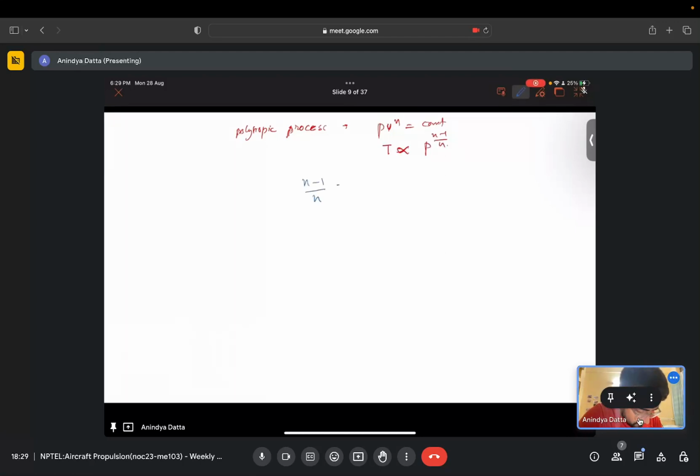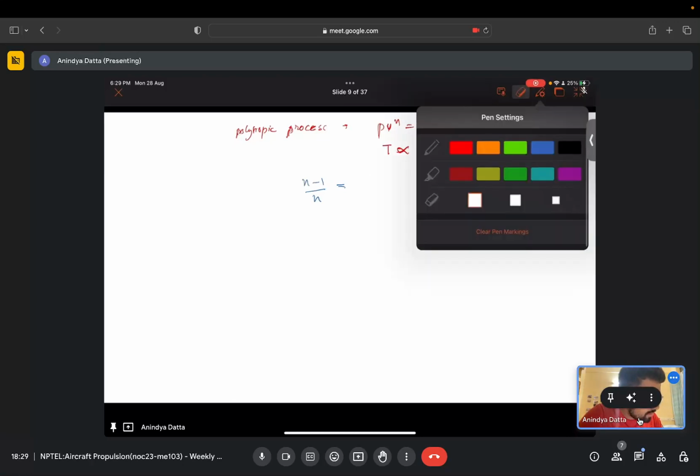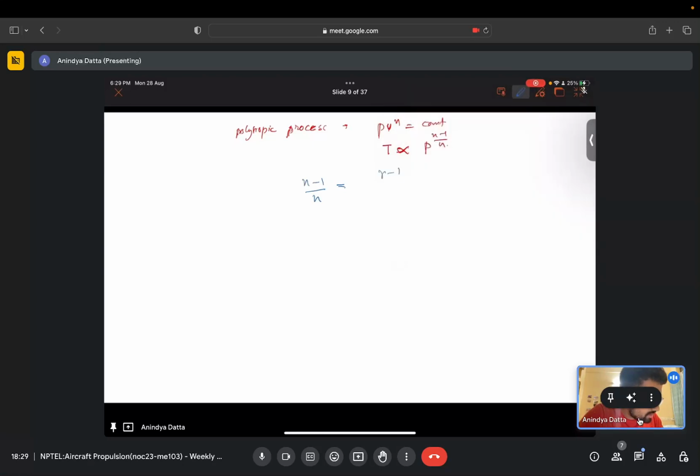but what you get is that n minus 1 by n is equal to, sorry, my mistake, this should be gamma minus 1 by gamma times eta c infinity, where eta c infinity is our compressor polytropic efficiency.